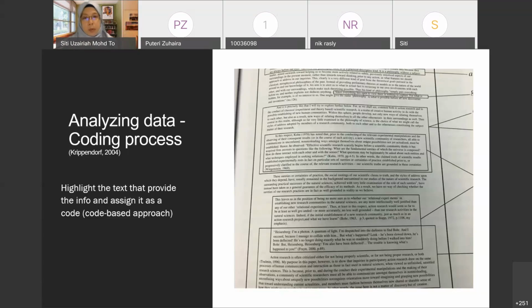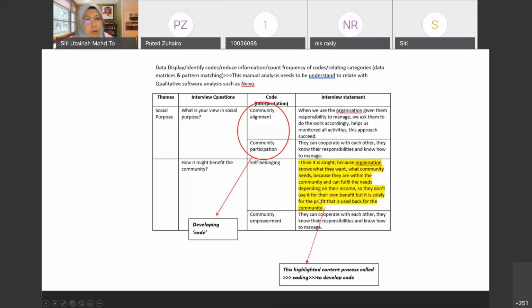So for example, if I arrange my data in a table like this, which I do manually, it could be in Excel or Microsoft Word. Just imagine if you have 100 participants or 1,000 customer complaints.